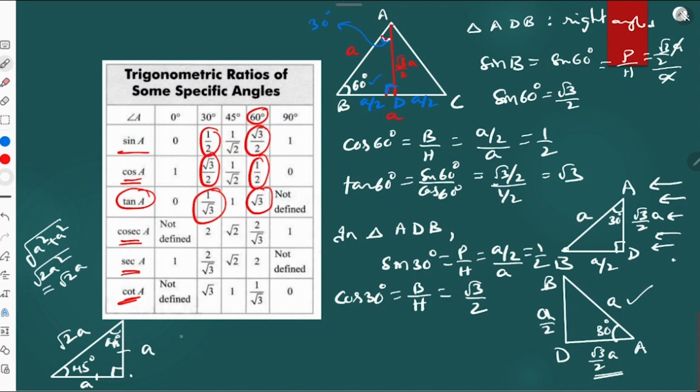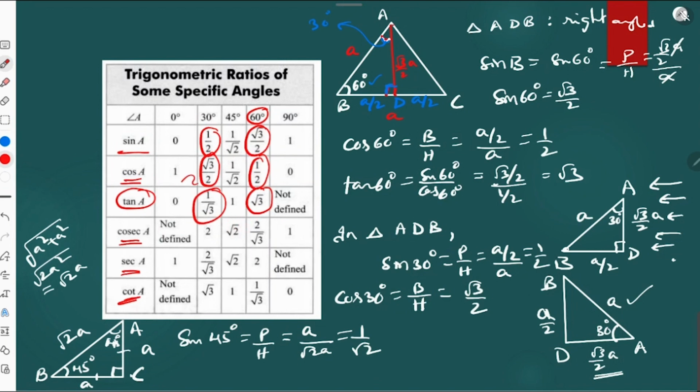Now from this, what is sine 45 with reference to angle B? Sine 45 degrees equals perpendicular by hypotenuse. Perpendicular is A, hypotenuse is root 2 A. That is 1 by root 2. So sine 45 is 1 by root 2.